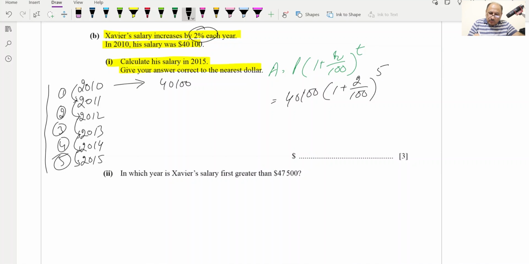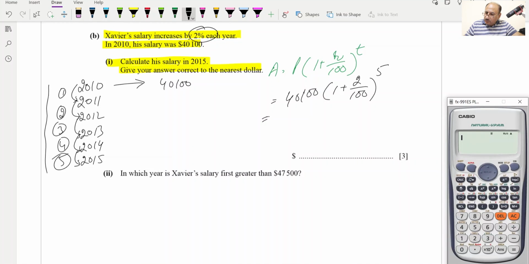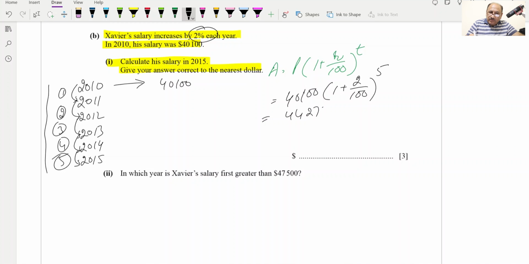We can use a calculator: 40100 into, in brackets, 1 plus 2 over 100, bracket close, raised to the power 5, and this is equal to 44273.64. Correct to the nearest dollar, it will be 44274. This will be the final answer.